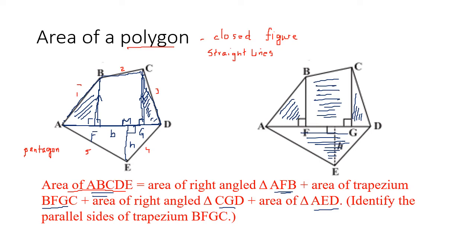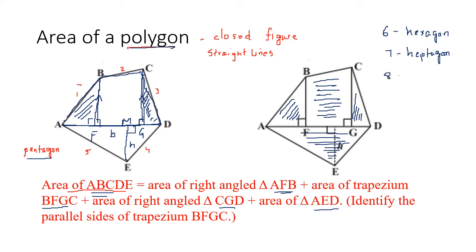Whenever a general polygon is given, here they have mentioned a pentagon, we can also have a six-sided hexagon or a seven-sided heptagon or an eight-sided octagon. Yes, we can have any shape.